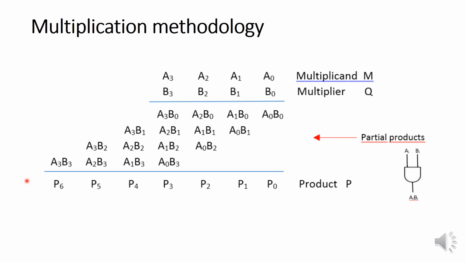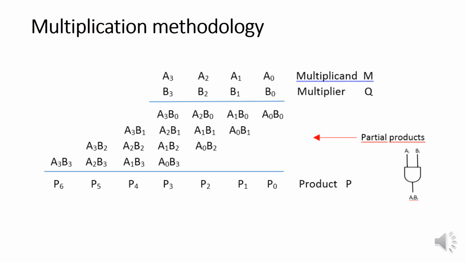This is the generic representation of the multiplication process, where you can see how every bit of the multiplier is multiplied to every bit of the multiplicand. As I said, the process follows the same method as the traditional paper and pencil for decimal numbers.